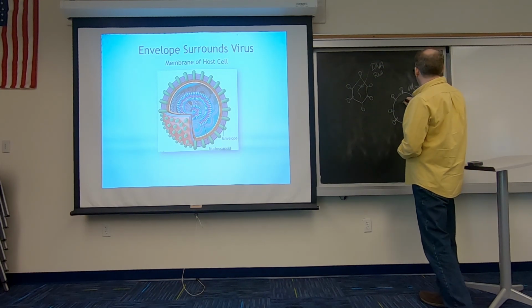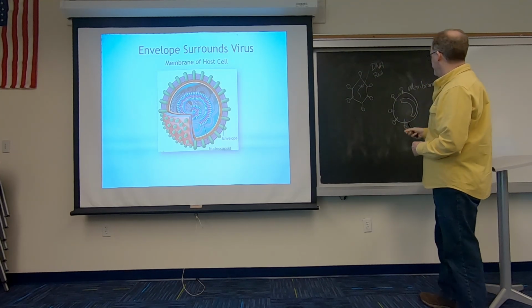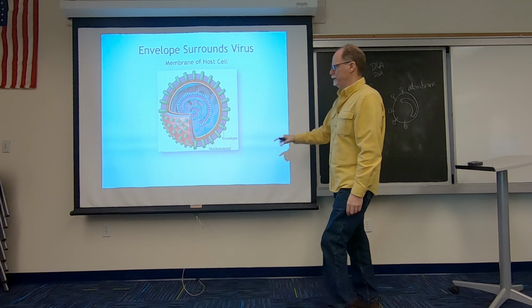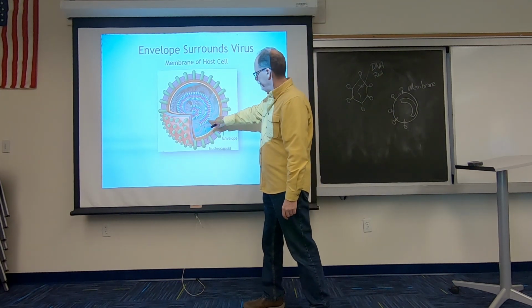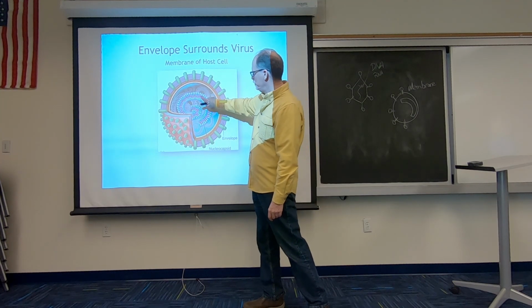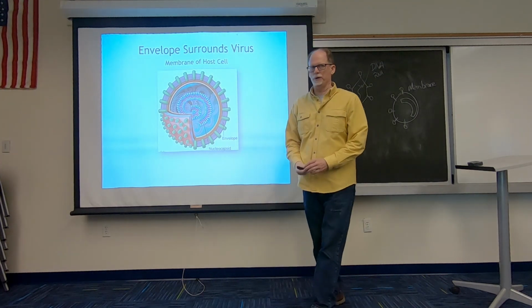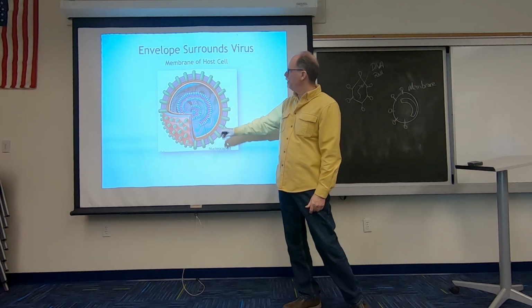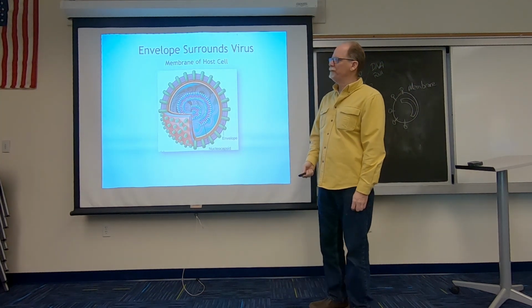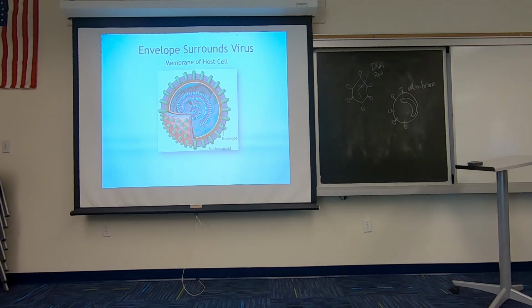You see more of that kind of thing happening. The red is the DNA or RNA, and then these blue guys are the proteins, but they're all inside. It's like a big vesicle, but the envelope is another name for the term membrane.